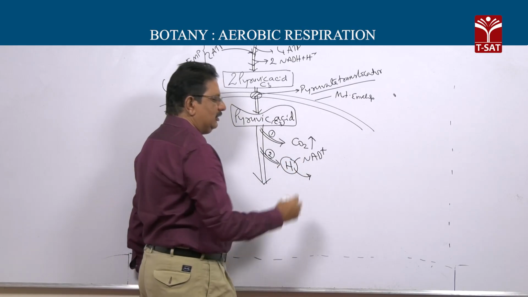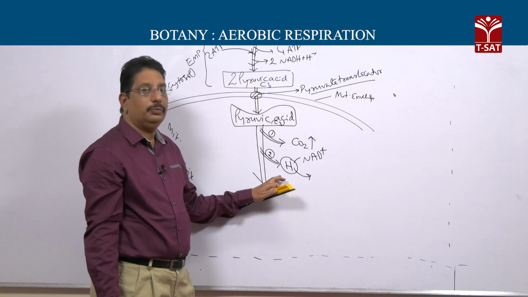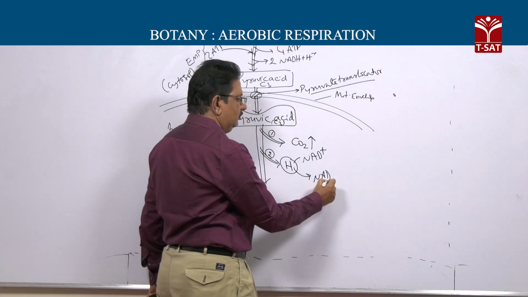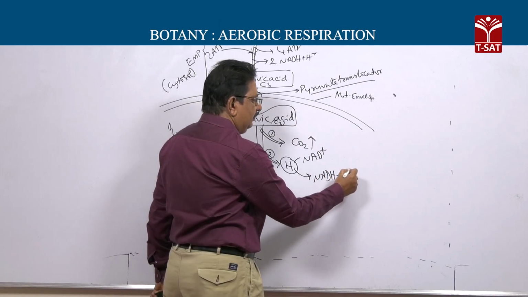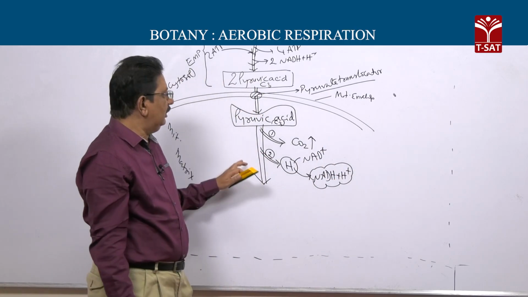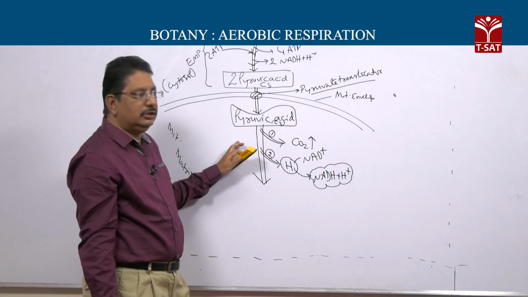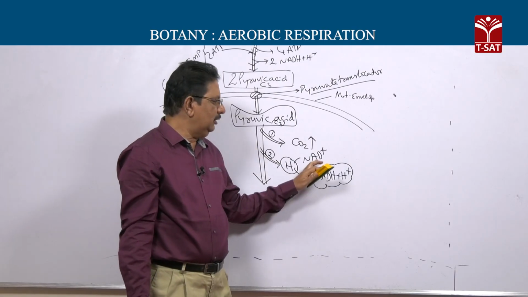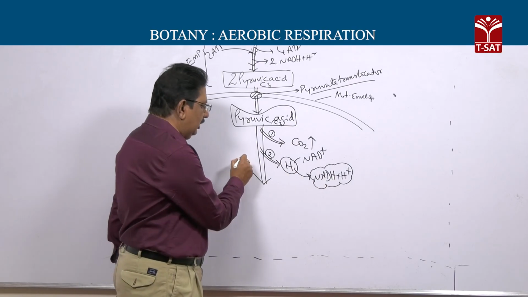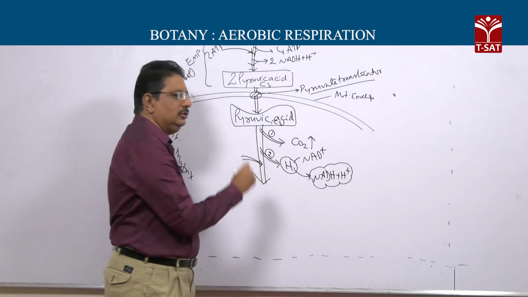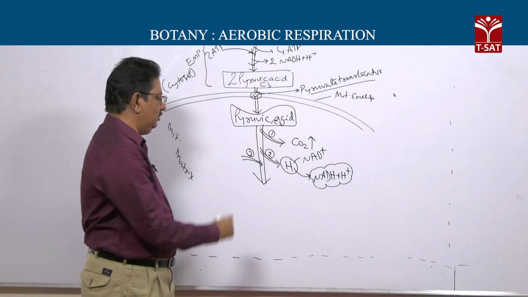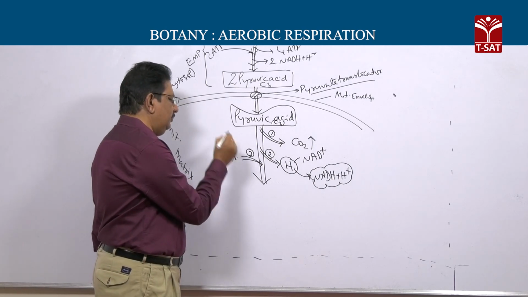As a result of accepting hydrogens in terms of protons and electrons, NAD+ is reduced into NADH+H+. So the energetic electrons of glucose are trapped once again in NADH+H+. Then this pyruvic acid undergoes another reaction called condensation with coenzyme A.